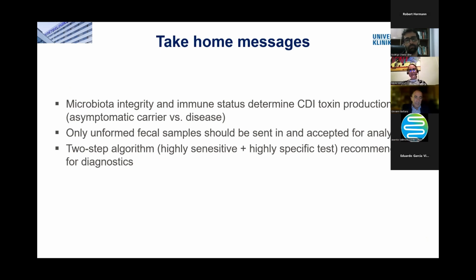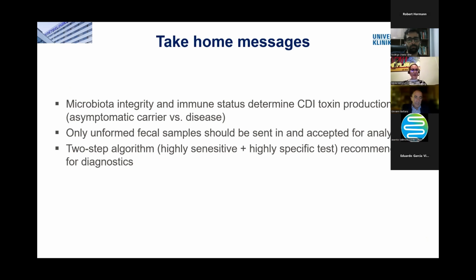And here, my short take-home messages for the first part. The microbiota integrity and the immune status determine whether a patient will have Clostridia that will produce toxin and thus be symptomatic or an asymptomatic carrier.